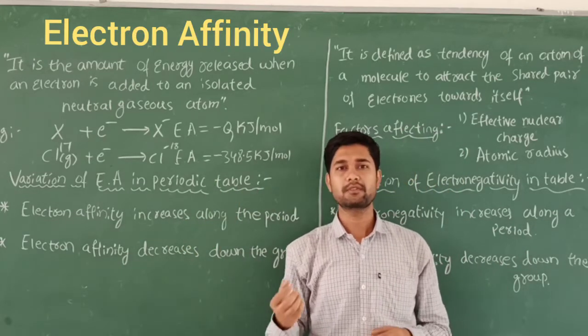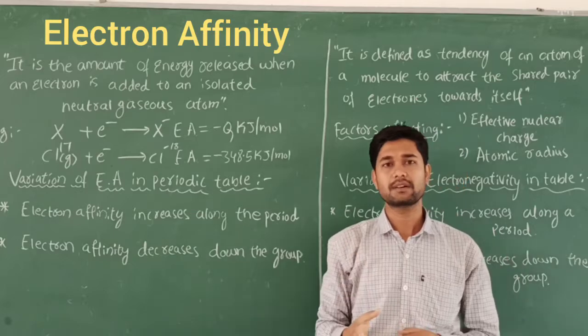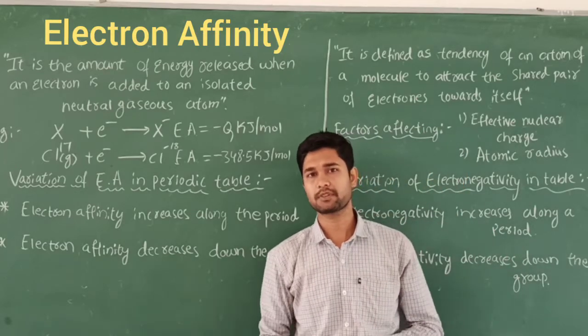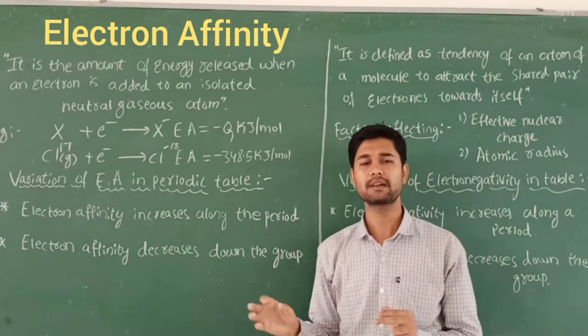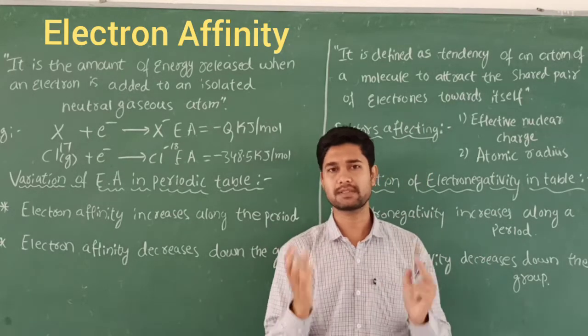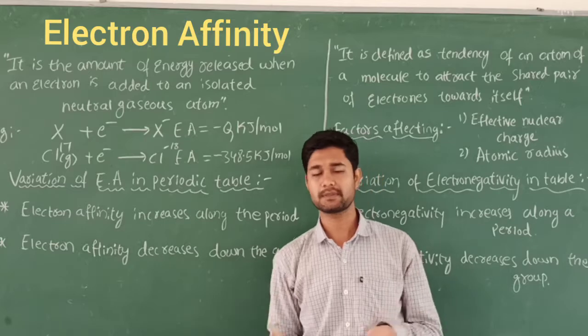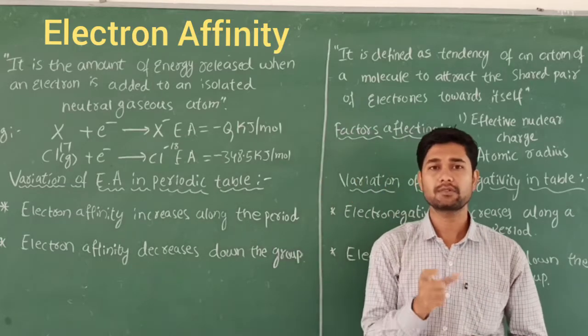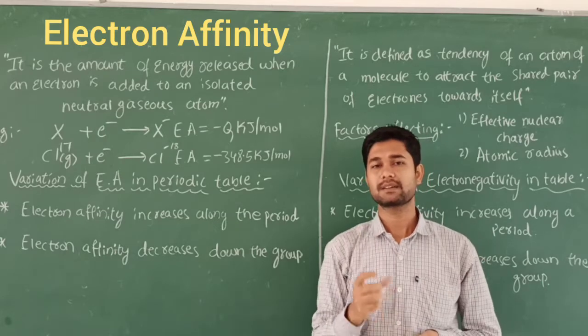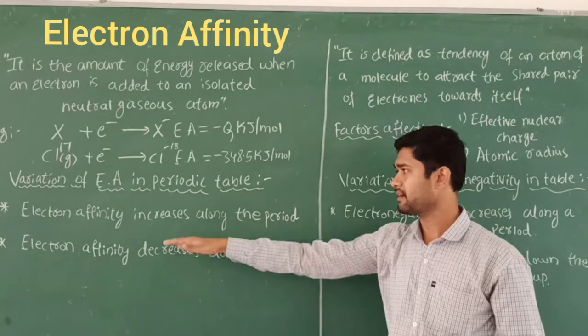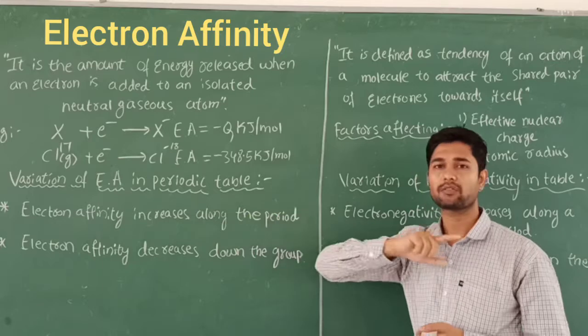Because when you add an electron to the same principal quantum number shell, I have already explained that the reasons are the same for everything. When you add electrons to the same principal shell, the effective nuclear charge increases and the atomic radius decreases. So electron affinity increases along the period.